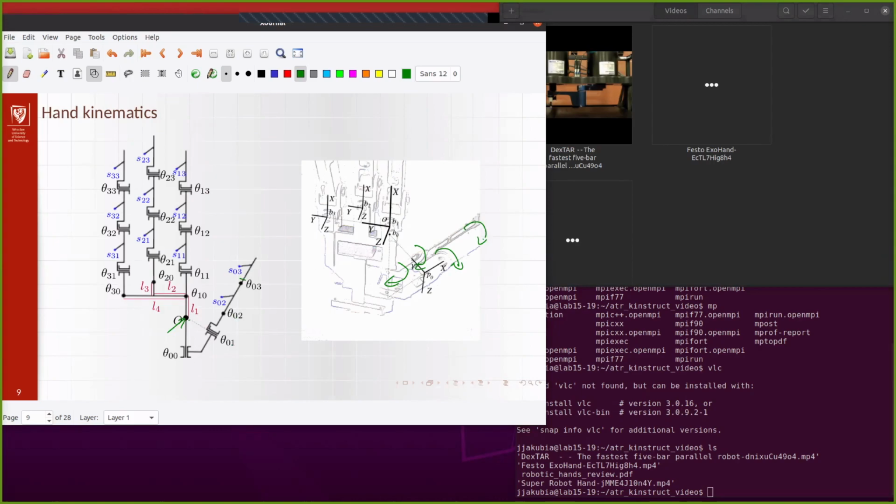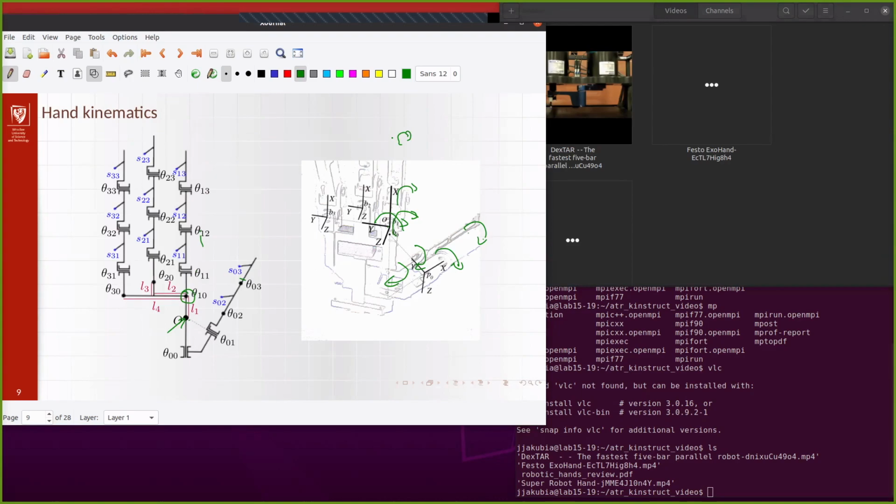In this representation, there are four degrees of freedom for the thumb, and again you have one rotation, second, third, and fourth. So again, four rotational joints for the fingers. You can see here this rotation, and this, and the next one, which is not visible.